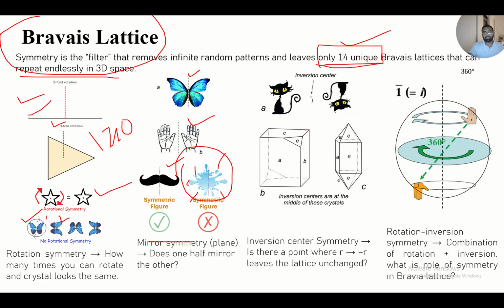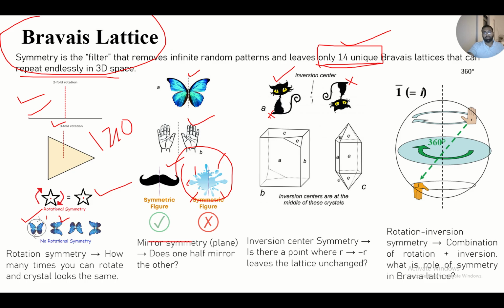Further, there is an inversion center symmetry. So how can we understand this inversion symmetry? Let's say in the case of this caricature, you can see we have this point. If you take this point to this point, you will find that it is the same. So you invert it and then you find the same at a particular point again.